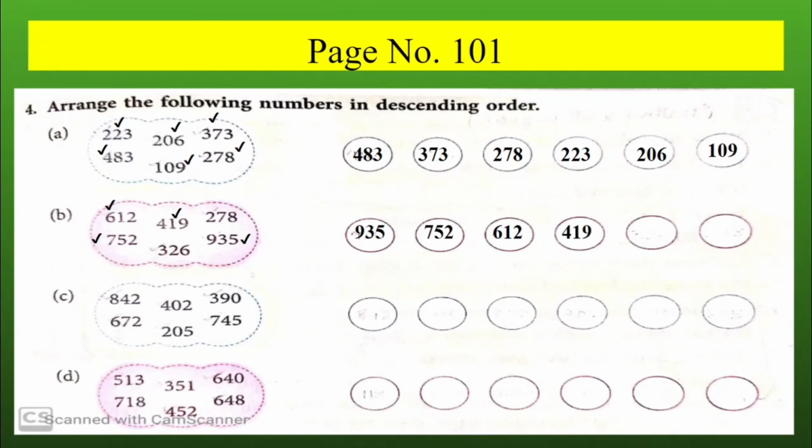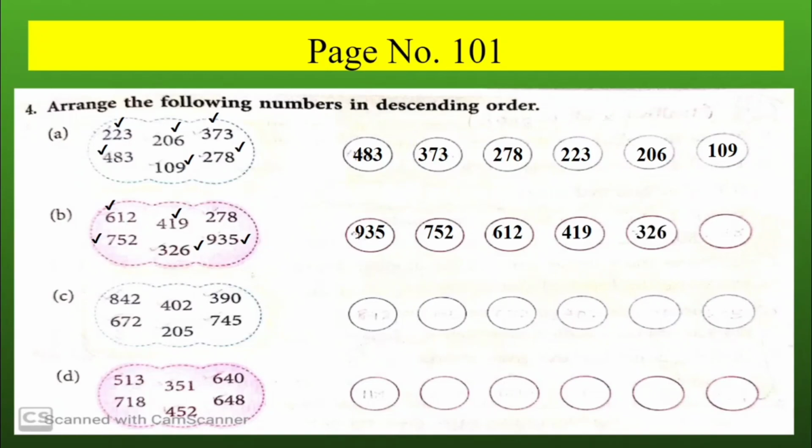Now we are left with the last 2 numbers, that is 278 and 326. So which number is greatest among these 2 numbers? Yes, 326. So we will write 326 after 419.